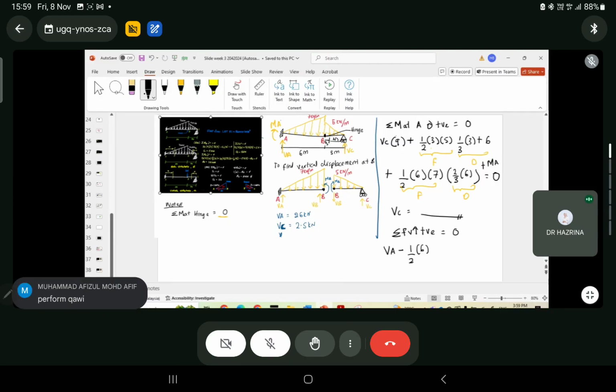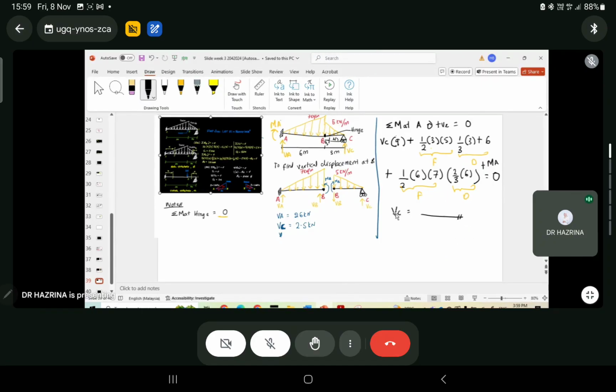So bila you dah ada dua equation macam ni, alright, another way you can do, you boleh ambil daripada hinge dahulu. Okay, so bila you dapat option yang macam ni, so you akan jadi susah lah nak solvekan dia sebab you ada VC and then ni kita buang dulu. Okay, kita buang.